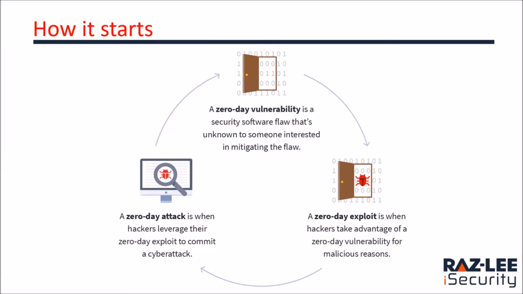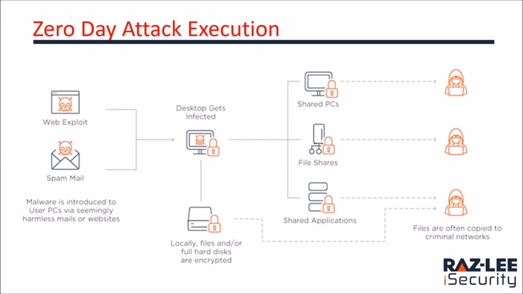And this is repeated over and over again on many software, many operating systems, and many network systems. So it's really important to know how it happens, how much time you have, and how to prevent this zero-day attack. For example, the execution starts with a web exploit or spam mail, and the malware is usually introduced to a user PC, so a desktop gets infected.